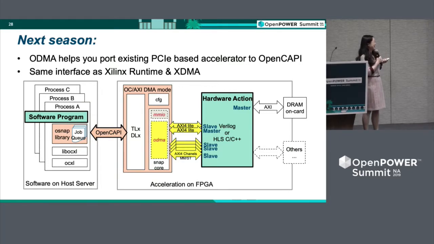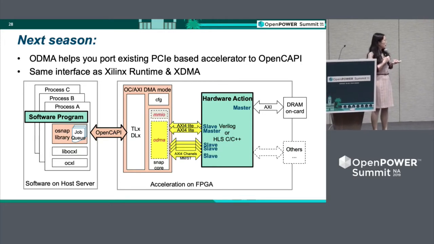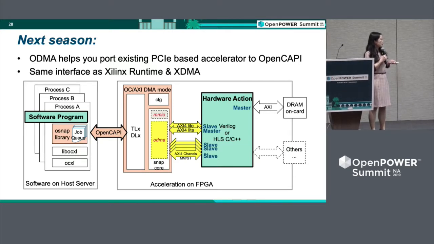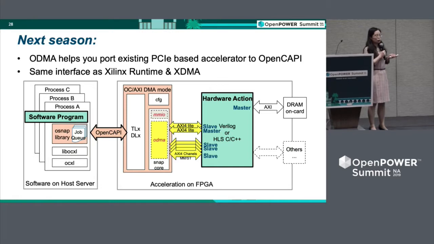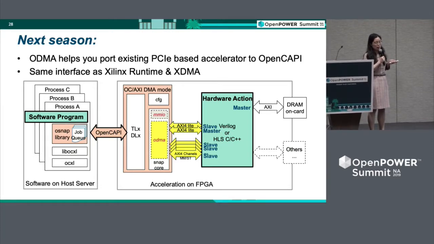All right, so what's more, next season we are also working on LoadEMA. This one is trying to help you port the existing PCIe-based accelerator to OpenCAPI. So it will provide exactly the same interface as Xilinx runtime and Xilinx XDMA.